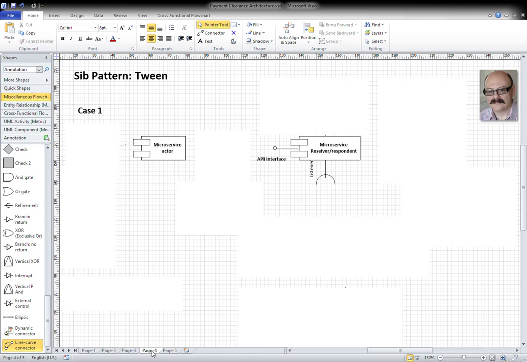Sib pattern comprises two parts, twin and sibling. We will consider case 1 for twin, and we'll analyze the situation which can happen with a quite popular and well-known interaction type through the direct API call.